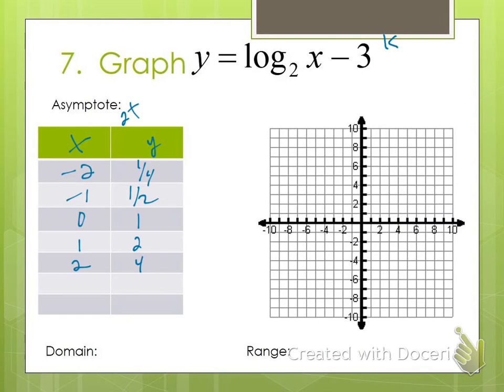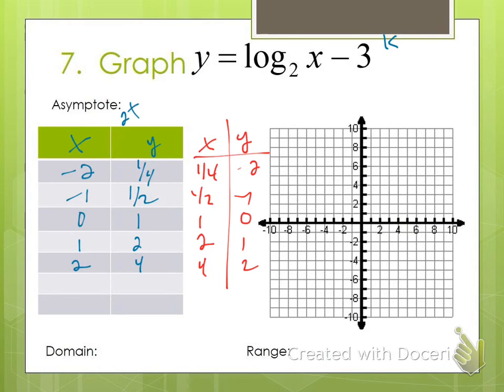Now for your logarithmic function, we want to flip that around. And so we can plot those points and draw in the logarithmic function, but it's going to be more of a logarithmic parent function. So we want to dot that in.